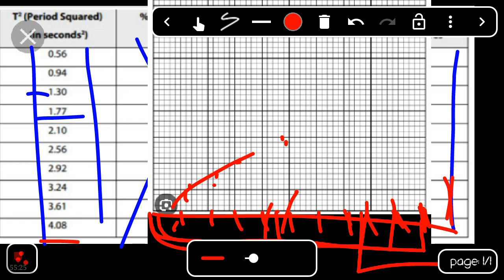So 4.08 divided by 50, I get 0.0816. 0.0816 is actually cool.